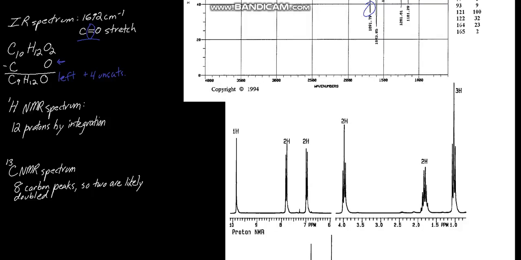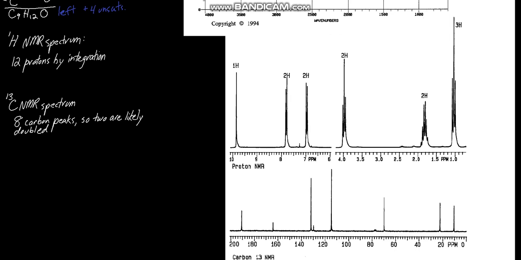Now, as we move down away from the IR, finally to the NMR, we can look at the proton NMR spectrum. We see that by integration, we can count 12 protons distributed along the spectrum. And then we have in the carbon NMR spectrum 8 peaks, not counting this solvent peak, CDCl3 at 77.